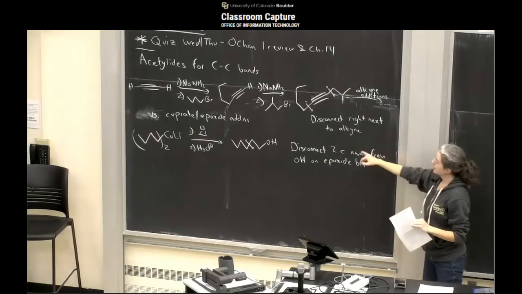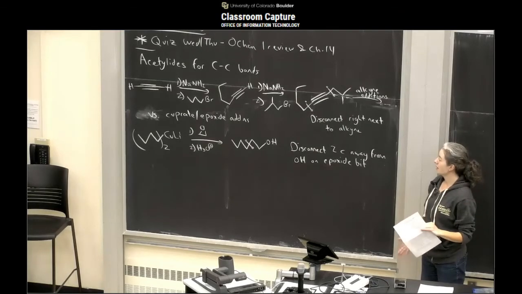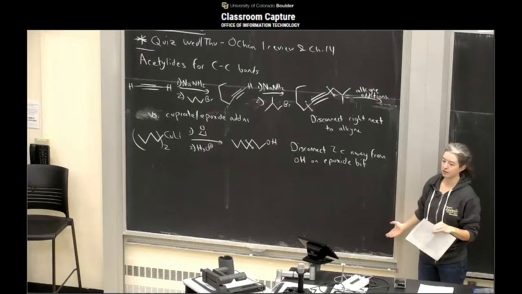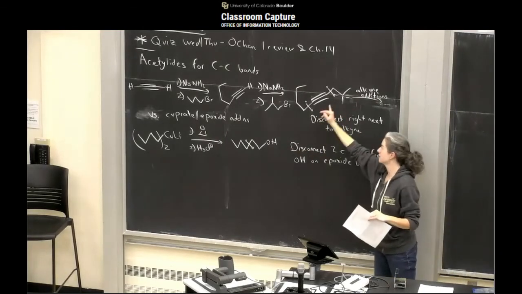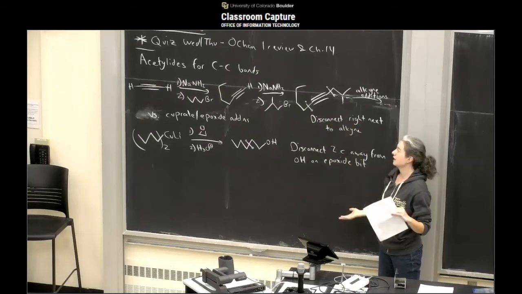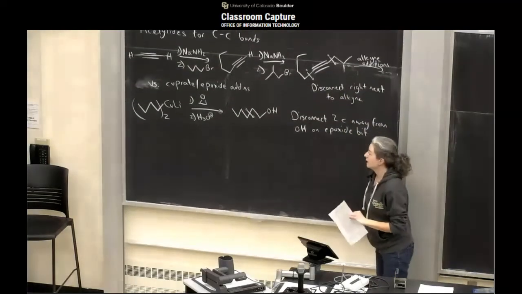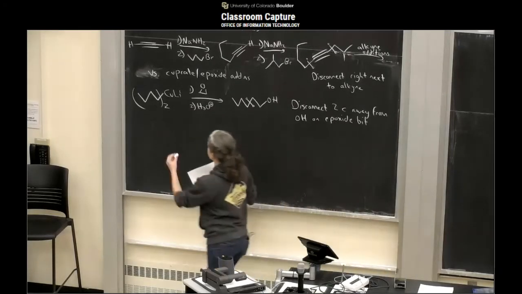Okay, so if I give you something and I say, build this carbon skeleton framework, and it has neither an OH nor an alkyne in it, then possibly either of these methods might work, just depending on whether you can take either one of these functional groups you get right after the attachment and tweak it to whatever functional groups you're going for. Or it is actually possible to do an in-between version of these.